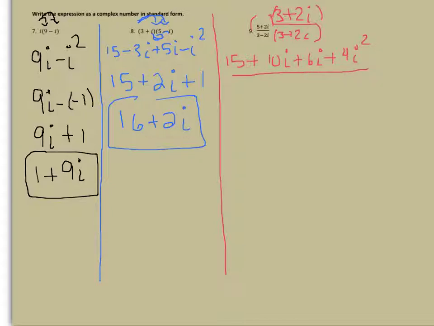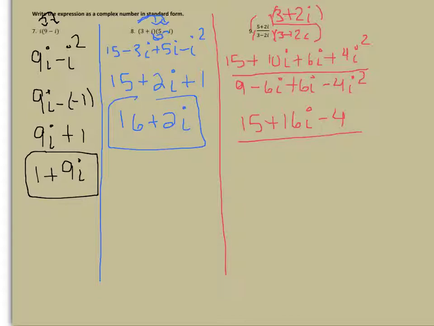Now look at the bottom here. You get 9 minus 6i plus 6i minus 4i squared. Well, if we look at the top, I have 15 plus 16i minus 4, because i squared is negative 1.